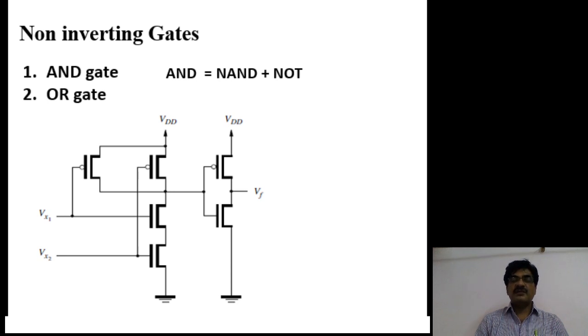Then observe what is the state of pull down network. Is it in open circuited mode or is it in short circuited mode? If it is in open circuited mode, consider the output is logic 1. Whereas if it is in short circuited mode, consider the output is logic 0.